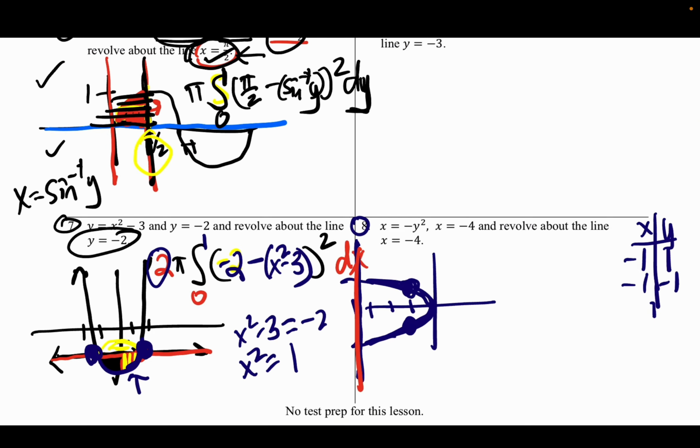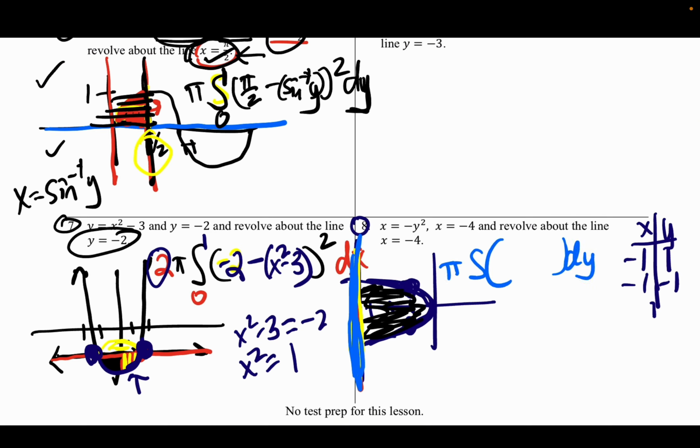And you're revolving around that exact line. So you're going along here, and this is like in yellow for a minute, then I'll turn it red again, and black. Oh, there's the yellow. Make it blue, that's like the y-axis. So I'm going to do it in terms of y.